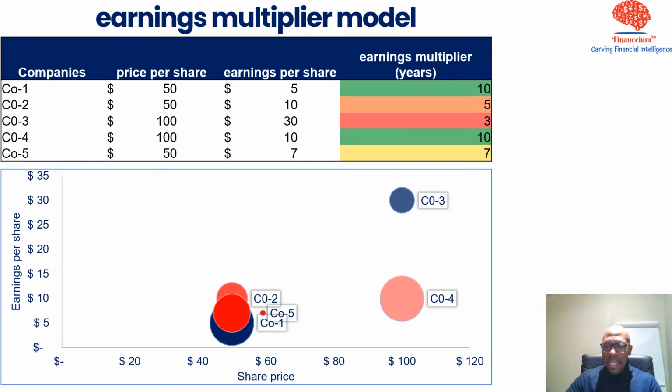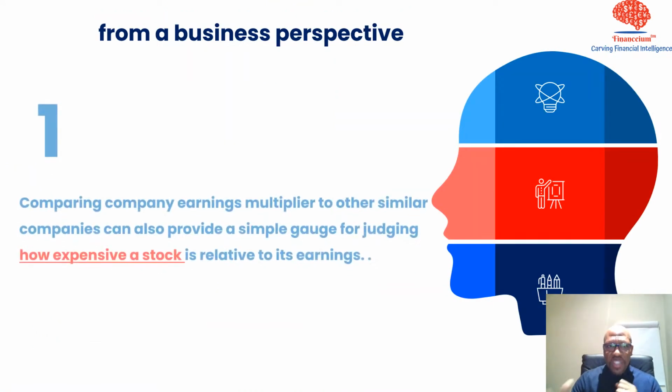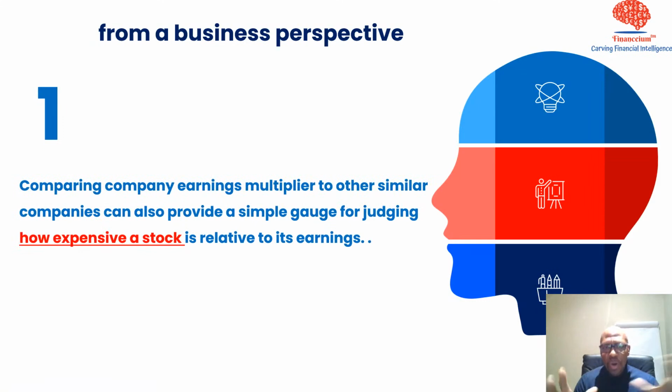And the real take-home from this valuation model is that you have an ability to compare companies in the same industry, in similar circumstances, and you can gauge how expensive each of these companies is trading, as you have seen in the example before. When you look at the price per share against the earnings per share, you can say which of these companies is priced more heavily compared to others.